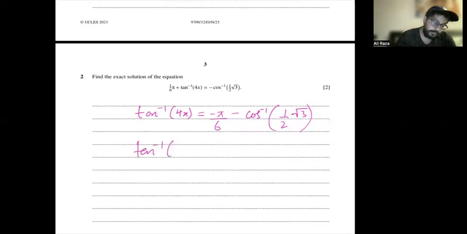Tan inverse 4x is equal to minus pi over 6 minus pi over 6.